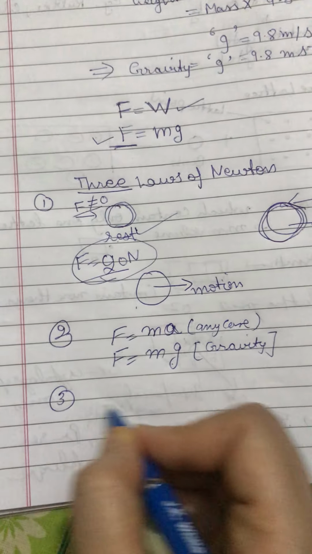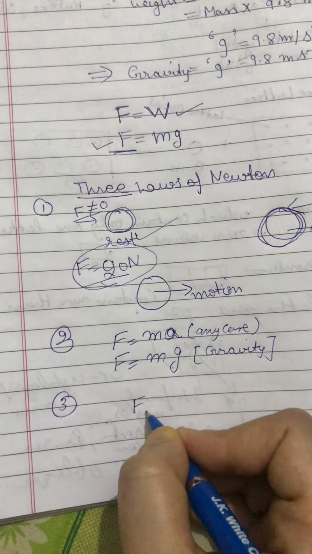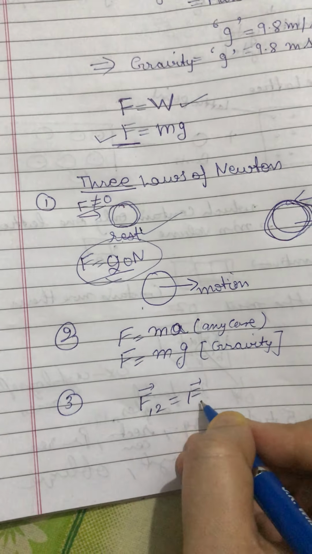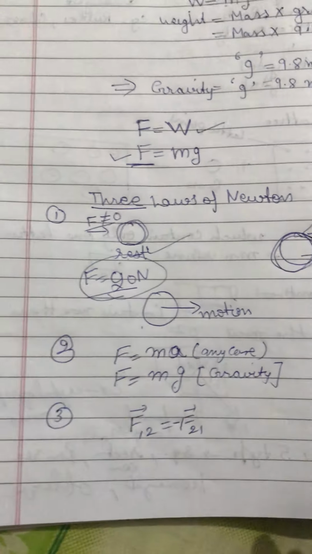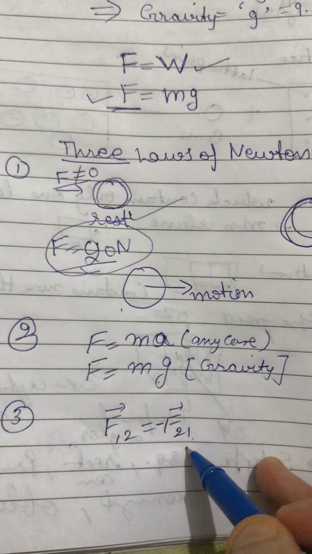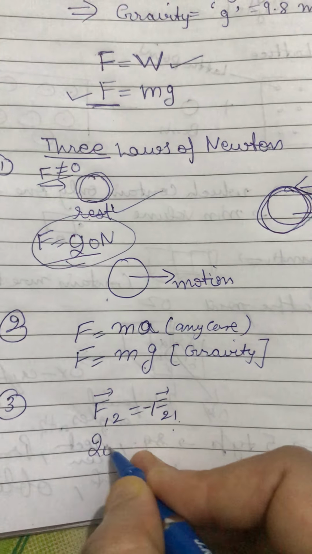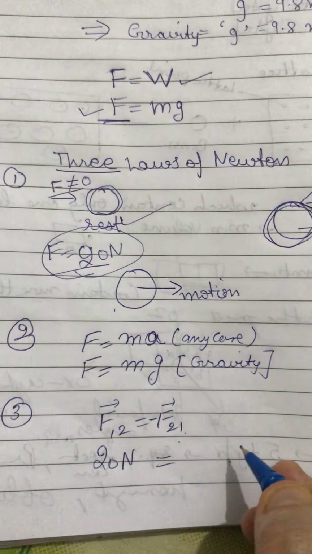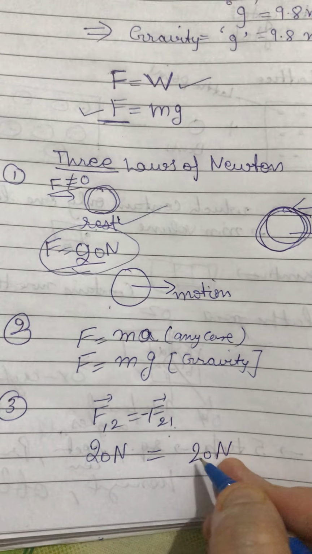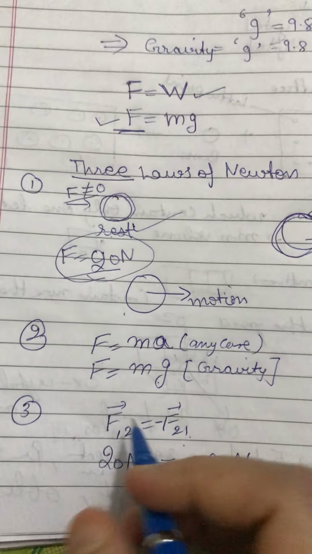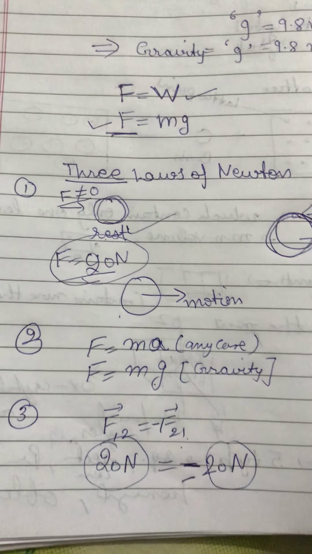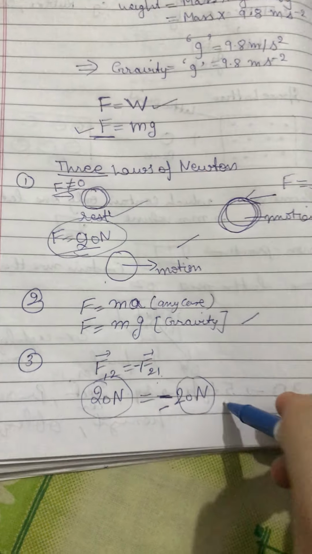And the third law: for every action there is an equal and opposite reaction. If we apply a force of 20 Newton in this direction, then the object will also apply a force of 20 Newton, but the direction is opposite. So for every action there is an equal and opposite reaction. These are Newton's three laws.